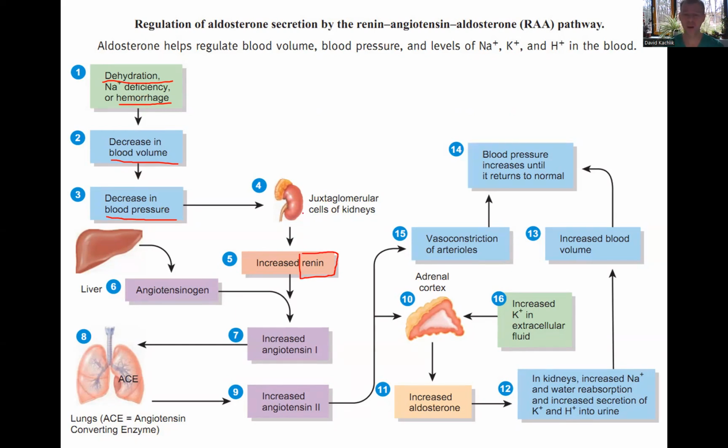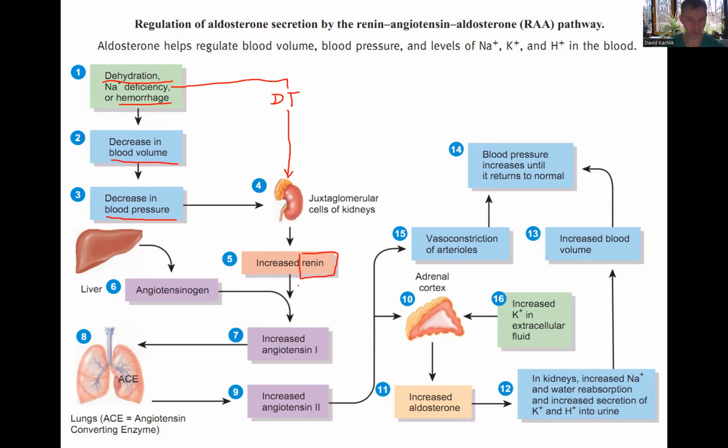Or they are also informed from the distal tubule that we have a deficiency of sodium. So the macula densa tells them via the extraglomerular mesangial cells that they should produce renin.